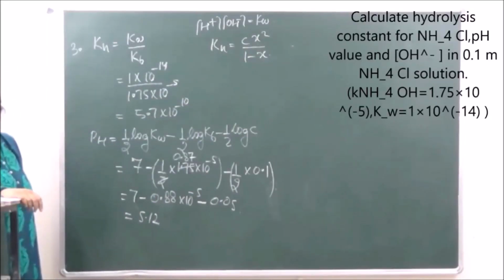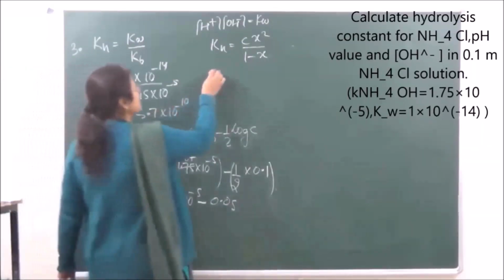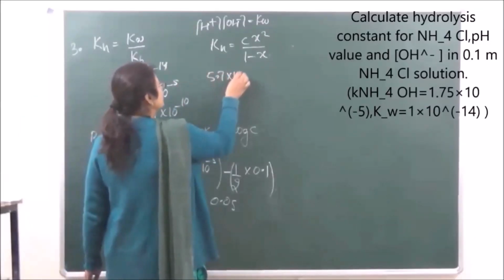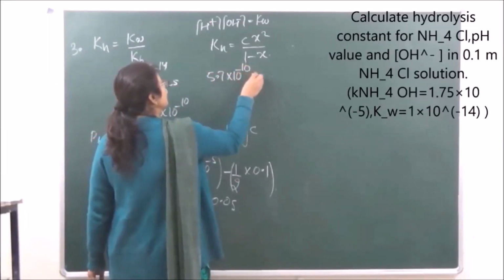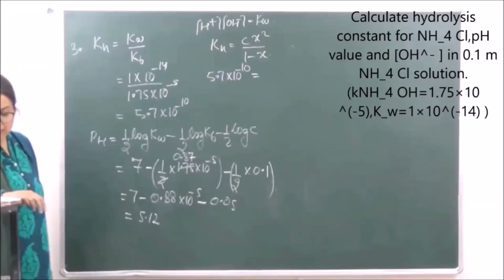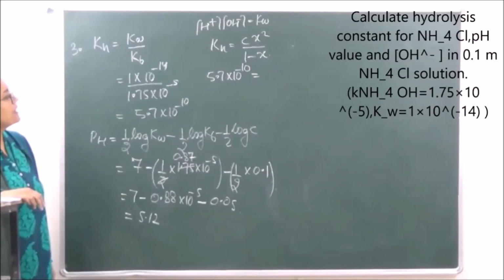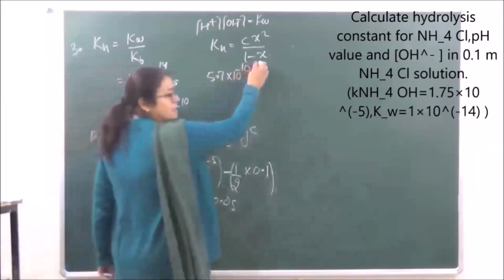Okay, so what is the value of KH? We calculated the value of KH, that is 5.7 into 10 raised to power minus 10. That is equal to, concentration given to us is 0.1. Okay, so before that, calculate x square, because x is going to be very very less, so this can be ignored.